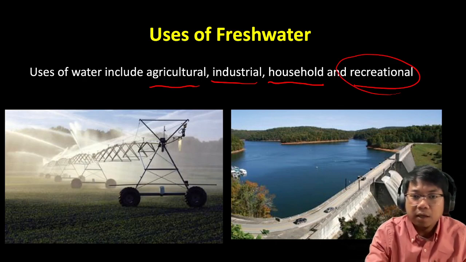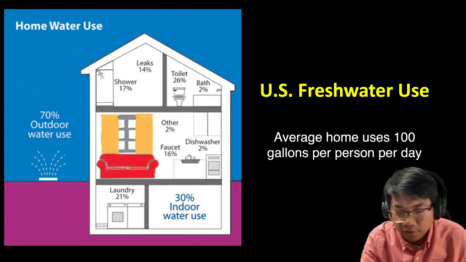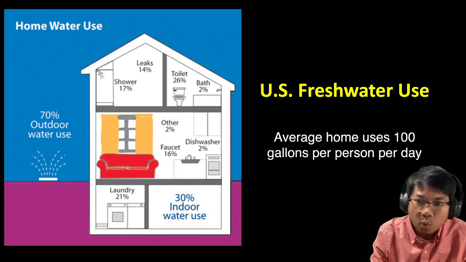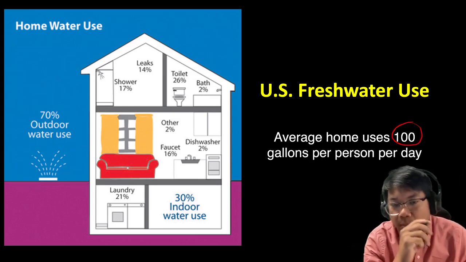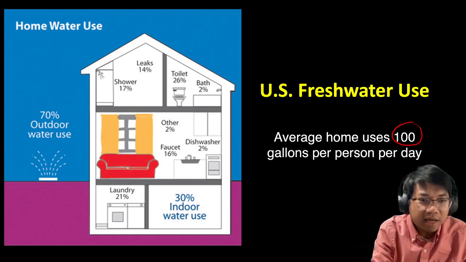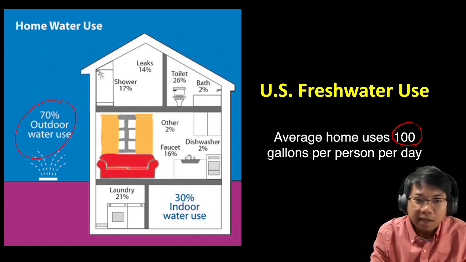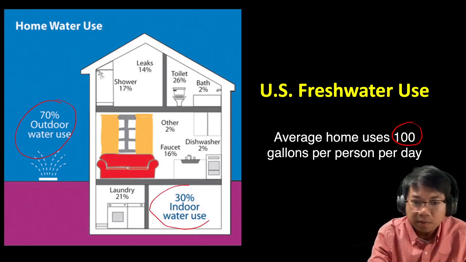For example, if we take a look at U.S. freshwater use, the average home uses about 100 gallons per person per day. Seventy gallons of it might be used outdoors, and then 30 gallons of it might be used indoors.